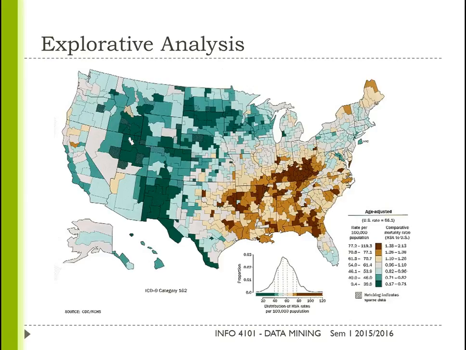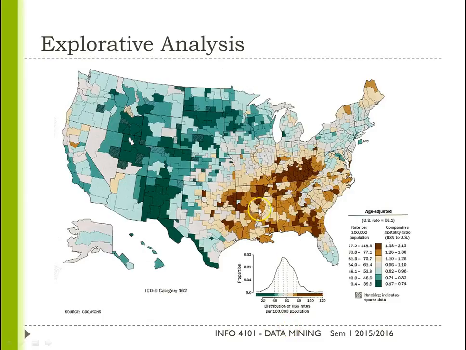And visualizations can also be used to explore particular issues. In this case, this is the data about lung cancer in the US. By having visualizations like this, it will actually enable researchers to explore the relationship between a disease, which in this case is lung cancer, and geography.